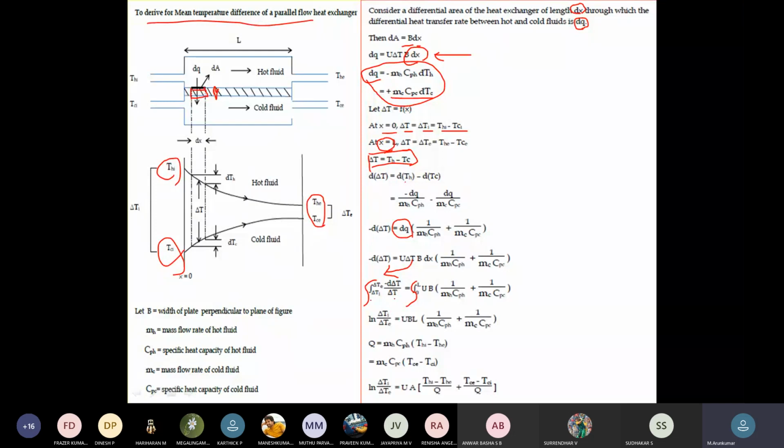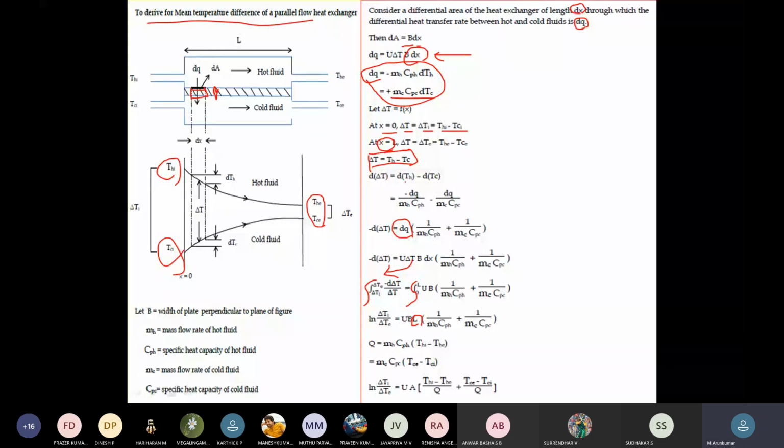If you integrate the LHS, we get ln of delta T_1, that is delta T initial, divided by delta T exit, inlet by exit. Then if you integrate the RHS, you have U into B, integrating from 0 to L. So we have U B L into 1 by m_h c_ph plus 1 by m_c c_pc, hot and cold. The thing is, L is added here, right?